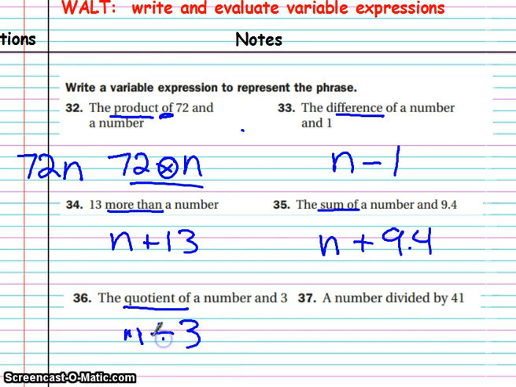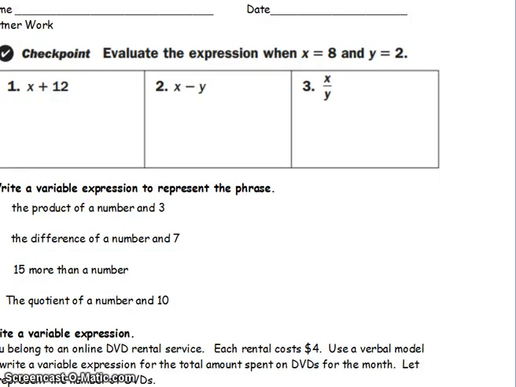We can also write that as n over 3. And a number n divided by 4, and that's the same thing. So you can see we just have to flip through this and work our way through it and plug in what we know of these words: difference, sum, more, product, quotient, for the operation that they relate to.